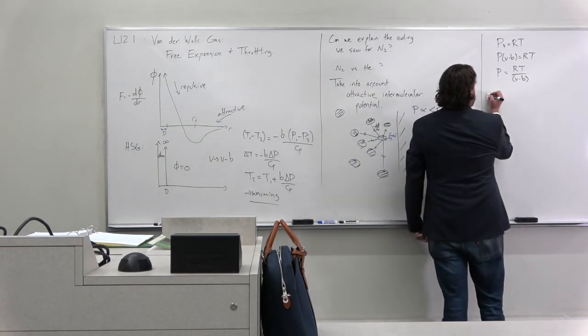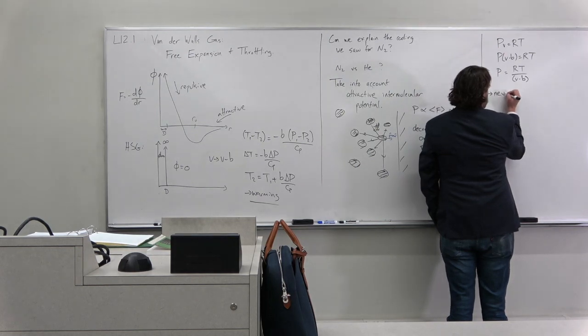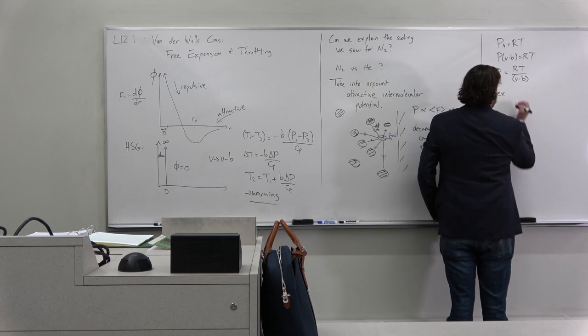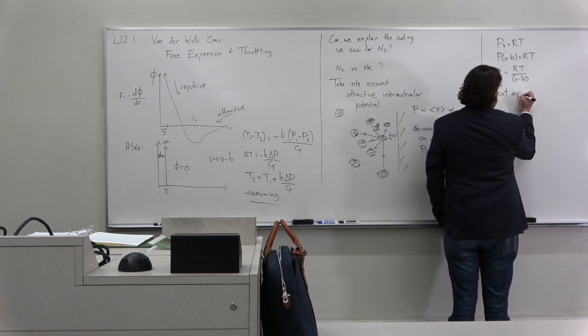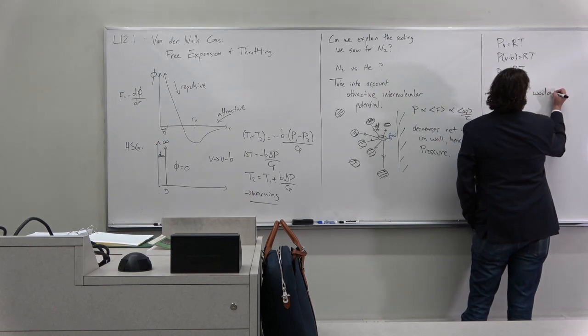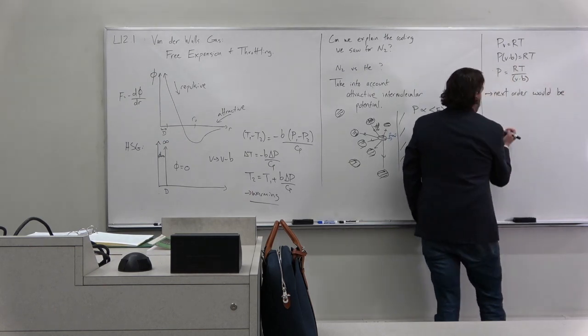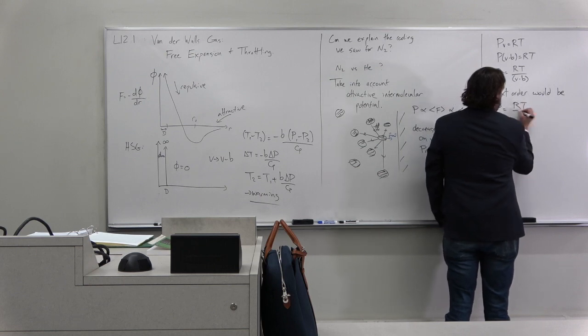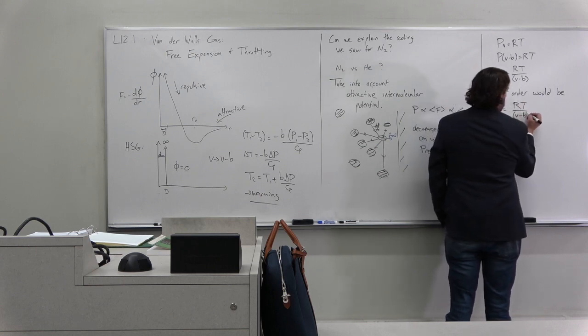And so my next order would be something where the pressure is now RT over V minus b, right?